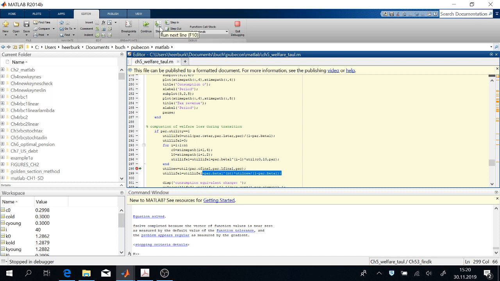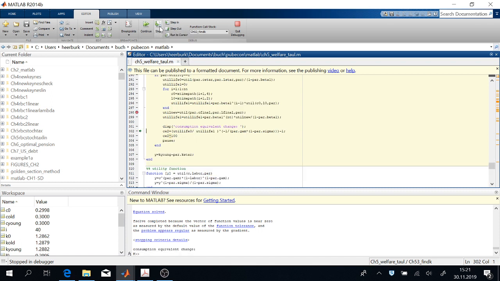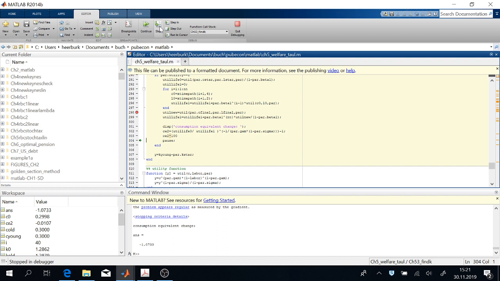equal to 24%. And now we can compute the consumption equivalent change again from comparing lifetime utility under tax policy 1 and 2, under tax policy 23% and 24%, and compute the consumption equivalent change as 1.073%.